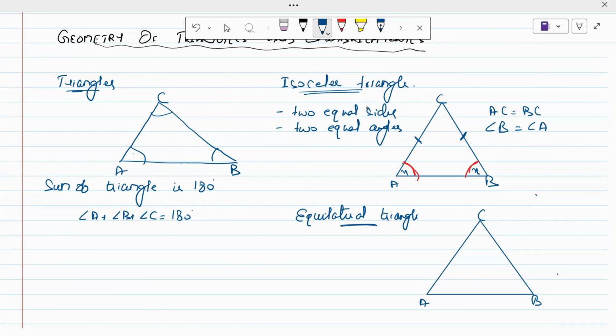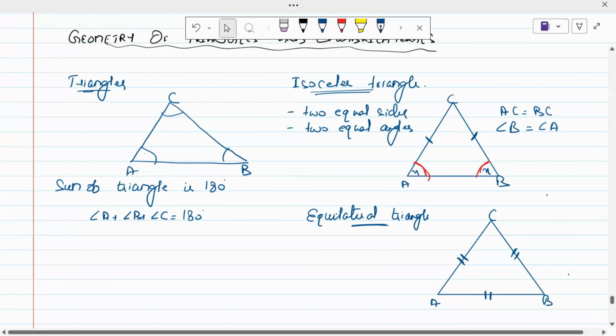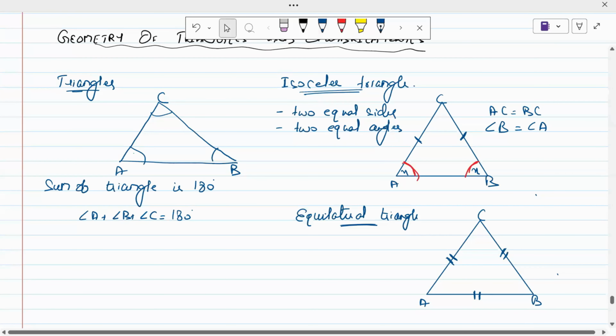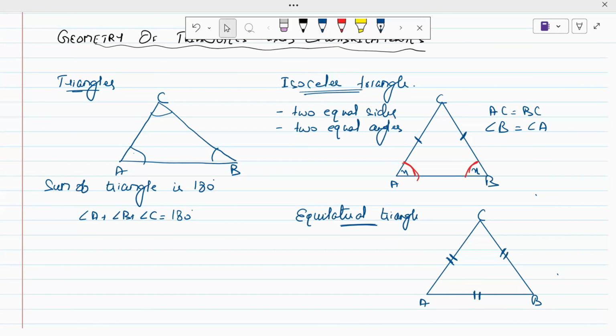So if all three sides are the same, they should have a single dash on all three sides. It's not necessary that all these sides would be represented by a single dash. There can be a double dash also. Whatever they are being represented by, you just need to be sure that all three sides are represented by the same thing. Either all three have the single dash or all three have the double dash.